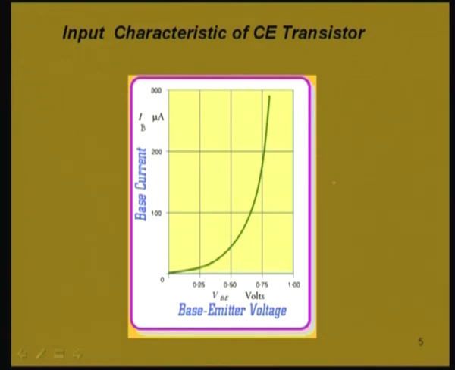Now, in this characteristic we have shown only one single curve, which means that we are plotting the input characteristic for a particular value of the collector to emitter voltage. But if we now change the collector to emitter voltage, we will be getting different plots.